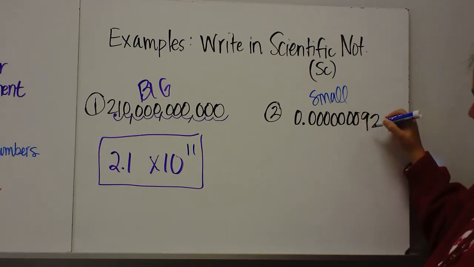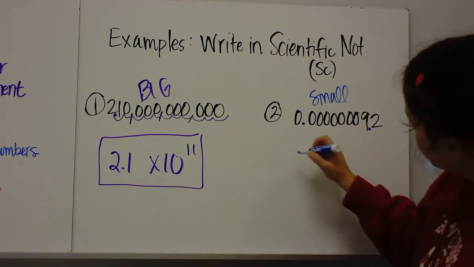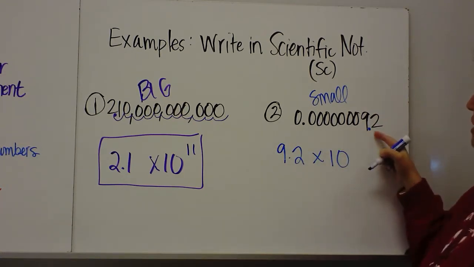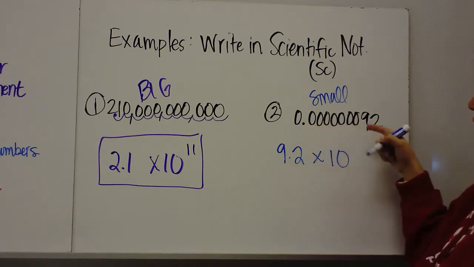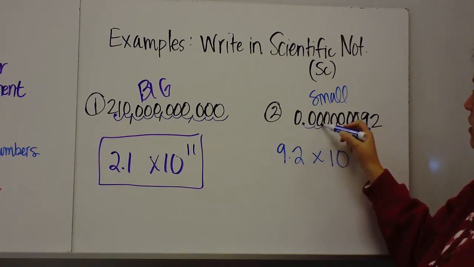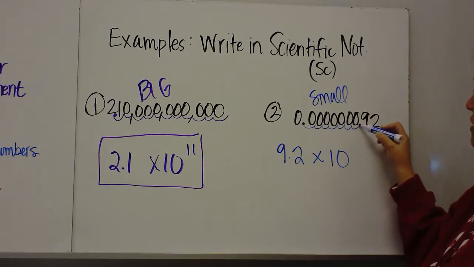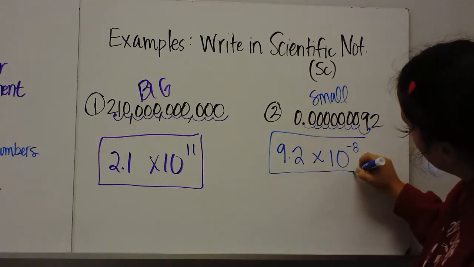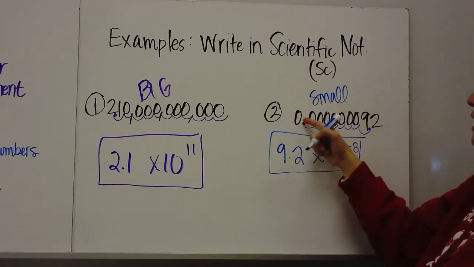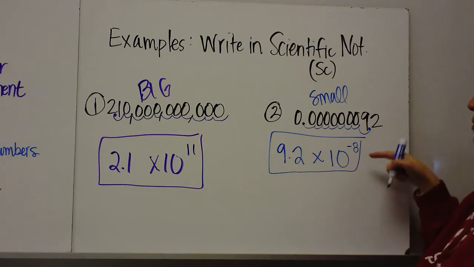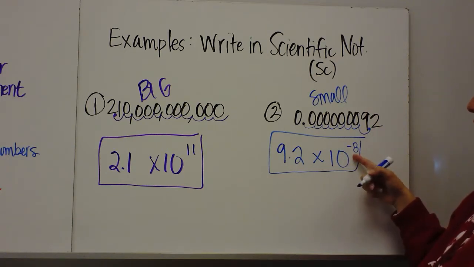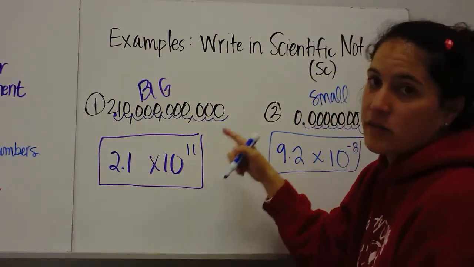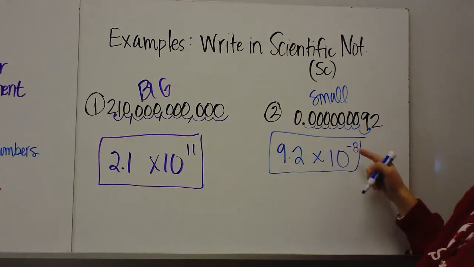I need a number between 1 and 10, so I put my decimal here. 9.2 times 10, and now I need to count how many times I moved my decimal. 1, 2, 3, 4, 5, 6, 7, 8 times, and it's going to be a negative 8 because it was a really small number, because I moved right, so my exponent is negative. Over here, I went left because it was a really big number, so I have a positive exponent. Over here, it's a really, really small, so it's negative.